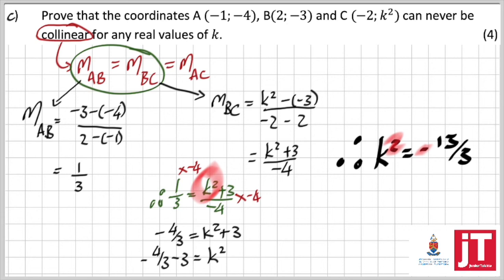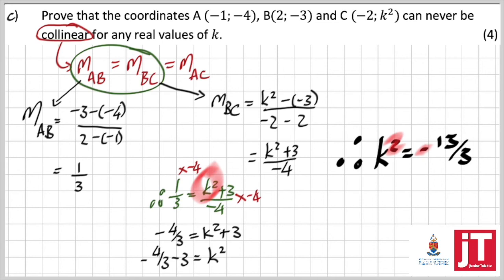Now I highlighted two things there. I highlighted the square and the negative. Think about that. If I square any real value, the answer must be positive. 3 times 3 is 9. Negative 3 times negative 3 is also 9.